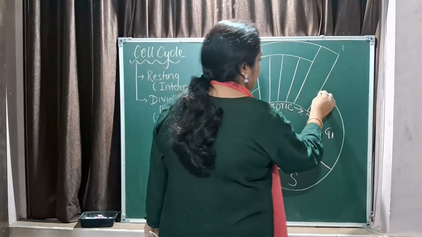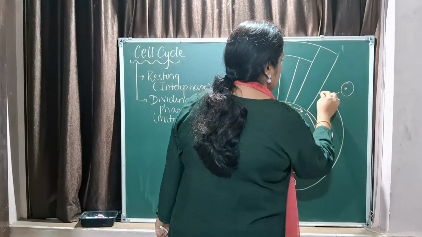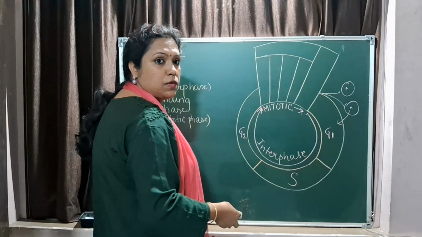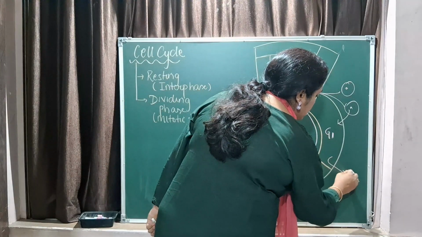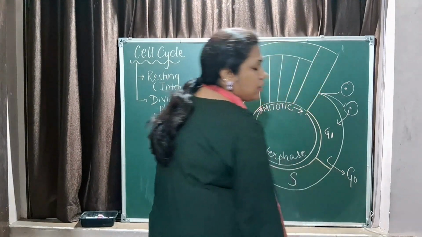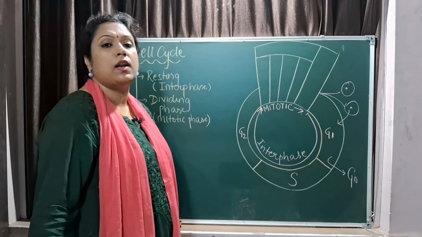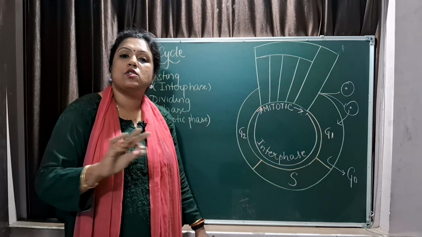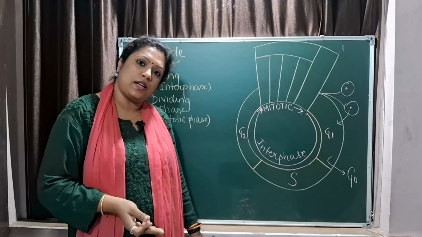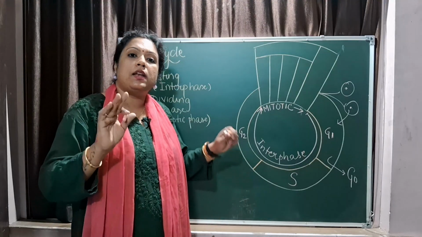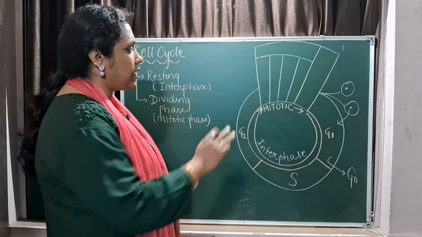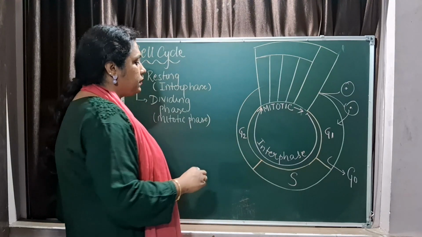After the mitotic phase, you get two cells, and each cell again enters into the G1 phase. There are certain cells which do not divide, so they slip into another phase, that is called the G0 phase, which does not undergo any kind of cell division. They remain in the G0 phase. Now what happens in these phases? I will come to the mitotic phase a little later.